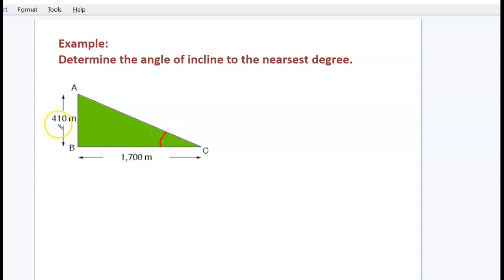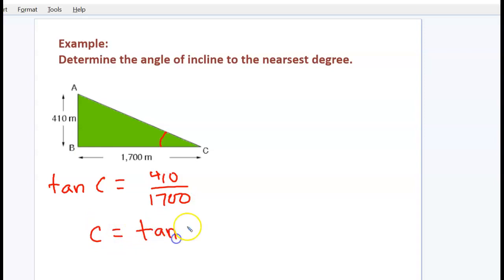And I know the side opposite C and the side adjacent to C. So therefore, the tan of angle C is going to be 410 divided by 1700. Therefore, I'm going to take the tan inverse of both sides because I'm trying to find the size of the angle.